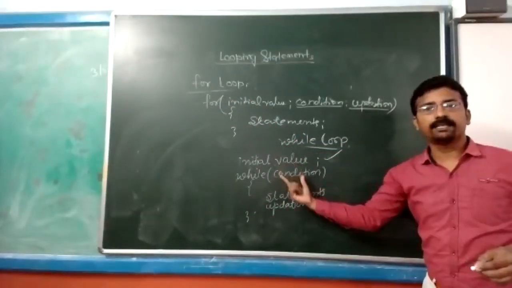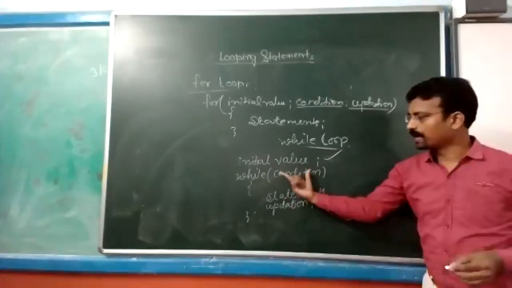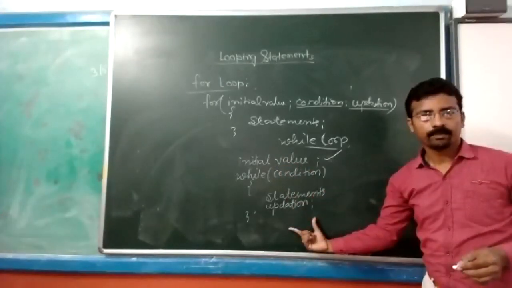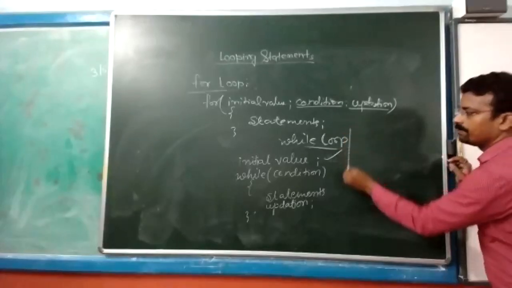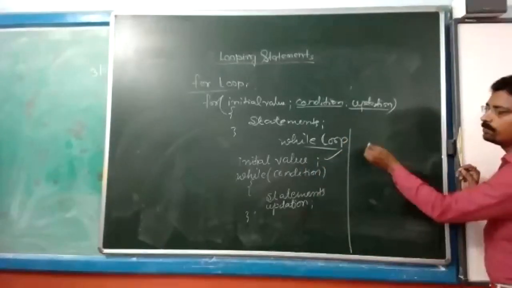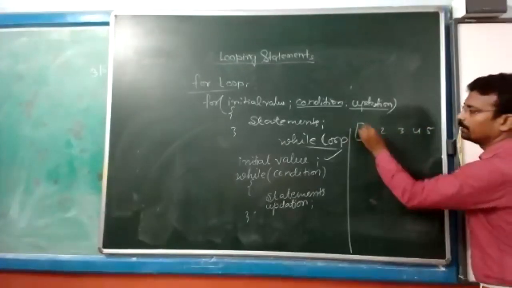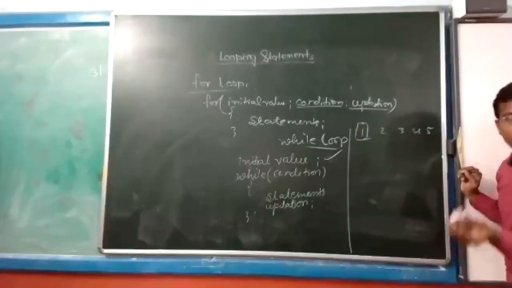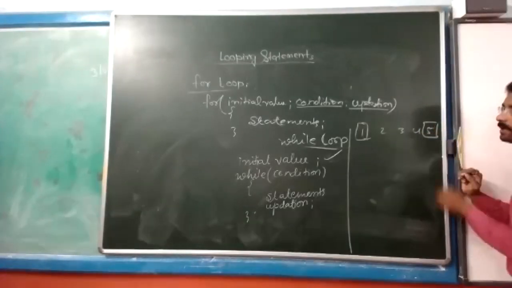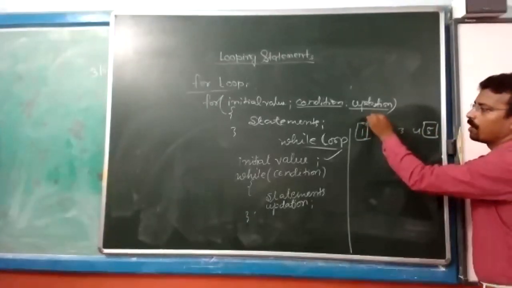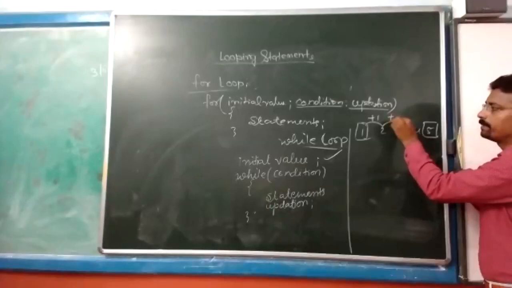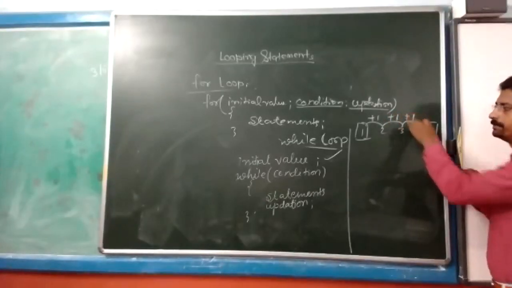Only the placement differs. Now see, we will take an example. Initial value means 1, 2, 3, 4, 5. This is the initial value. This is the condition value. And what is the escape value or updation value? Plus 1, plus 1, plus 1.